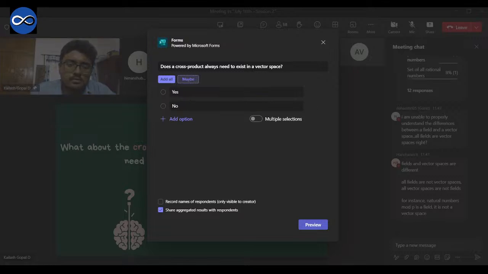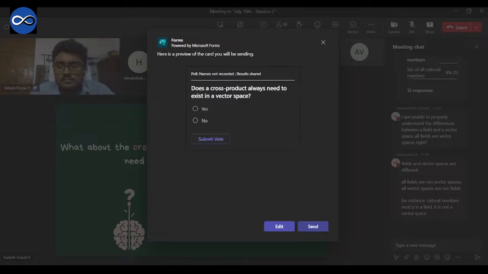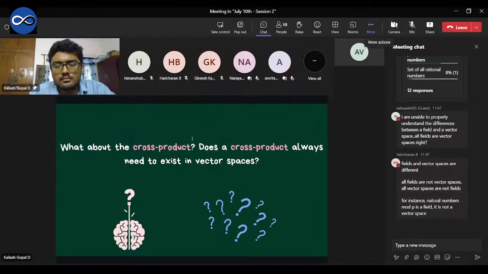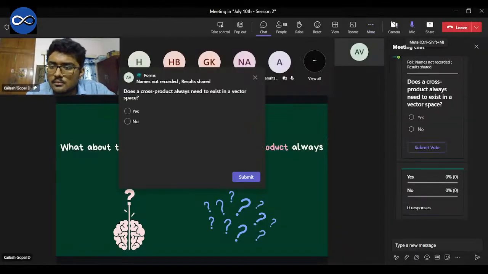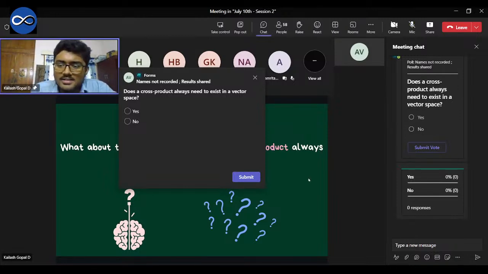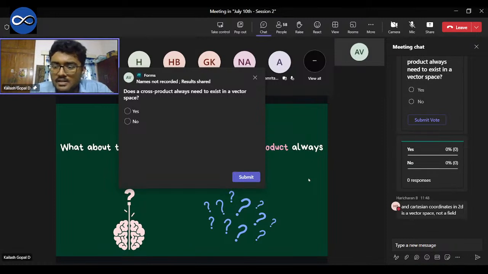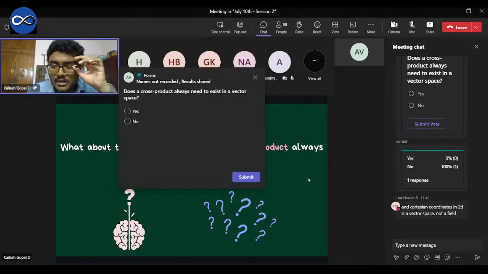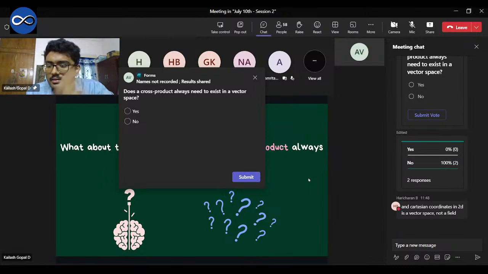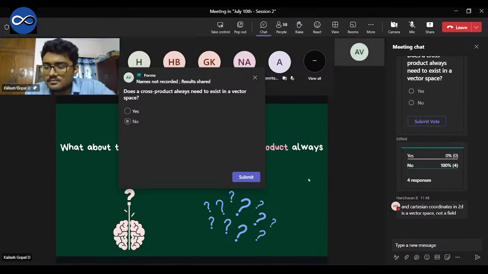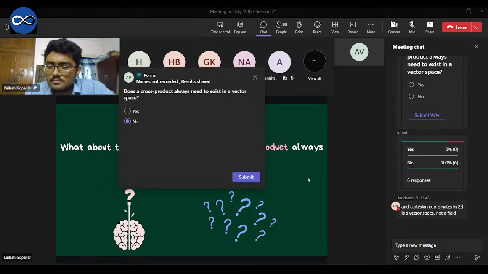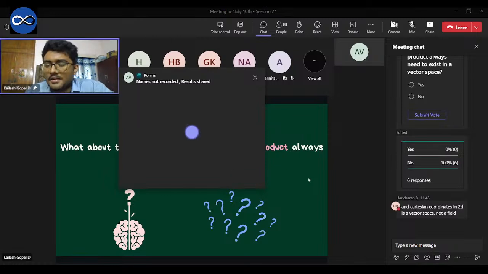Okay, so I'll look at the results, but I'm interested. Do you people think the cross product is an operation in every vector space there is? I'm telling you that the dot product is always there. Okay, interesting.